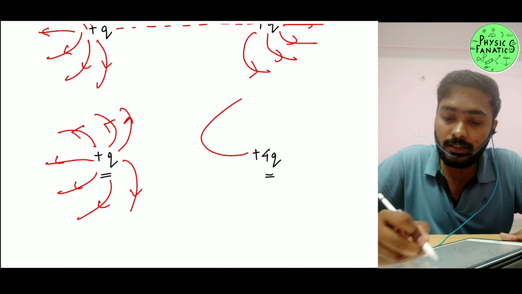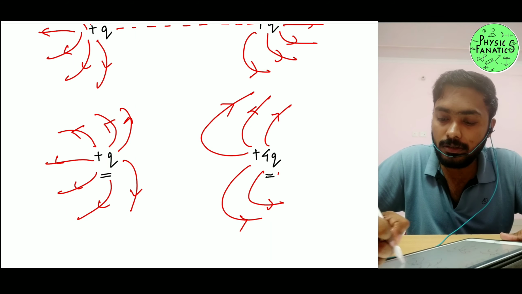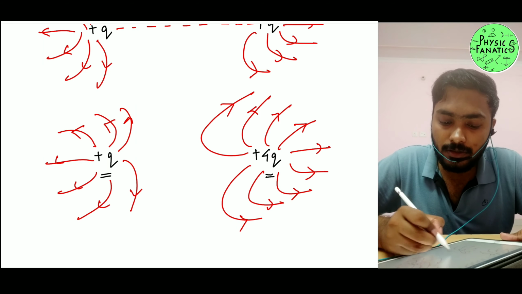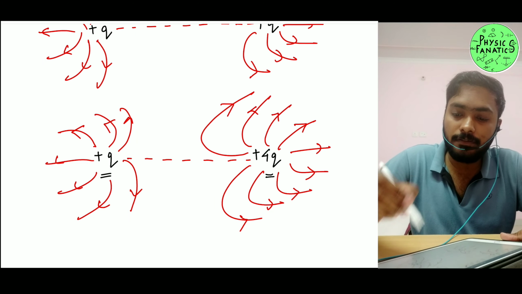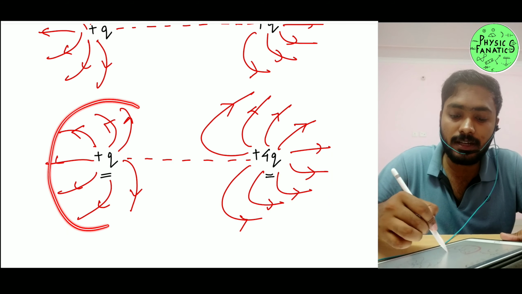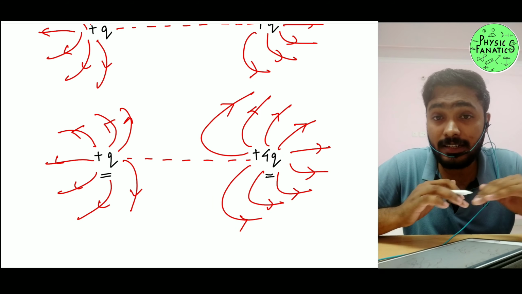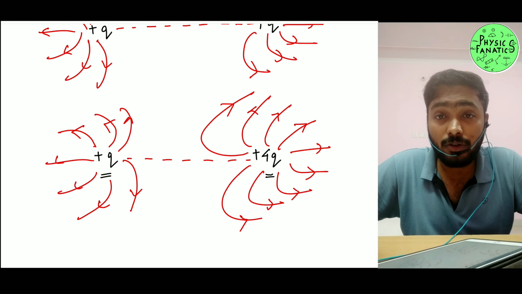But for this one, the electric field lines are like this, going outward but with a stronger electric field. The difference is this one has a stronger electric field and this one has a less strong electric field. That is the only difference here, but this is how you draw it.